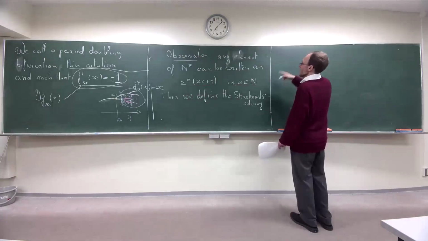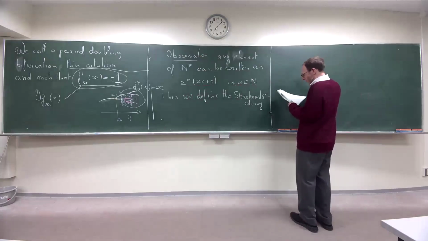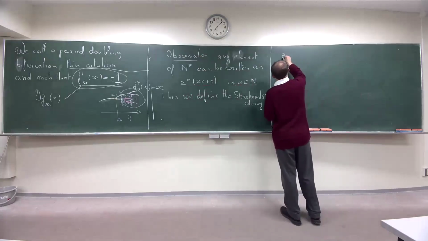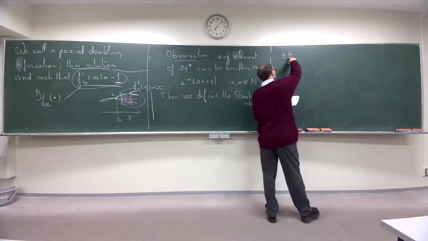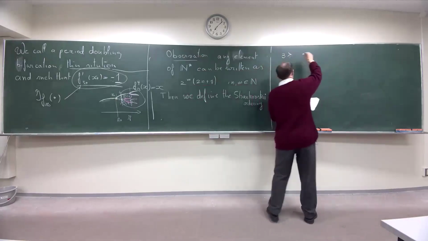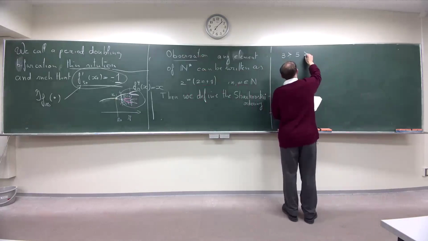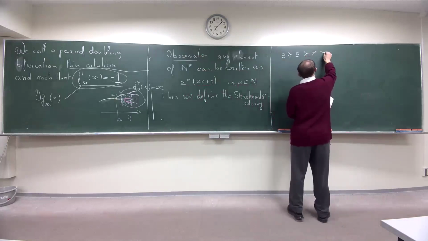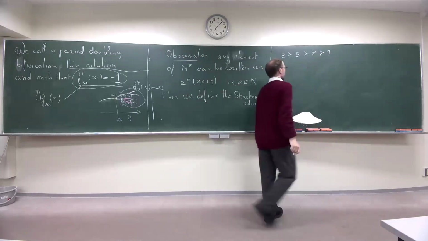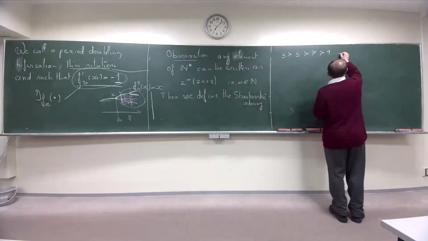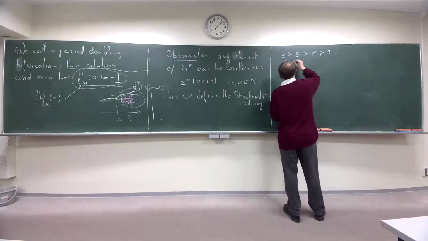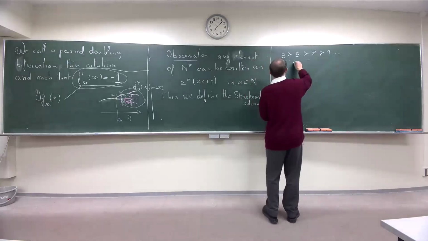So let me continue. I define an ordering of all integers in the following ordering. So it's not an inequality, it's a curly inequality. Okay, and you continue. You observe that here I consider only m equal to 0.